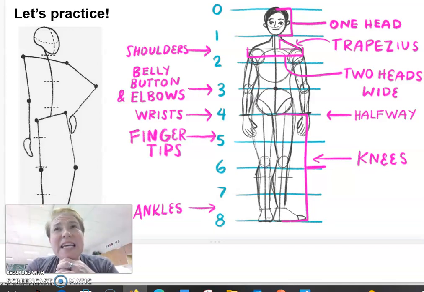And then how could I relate proportion to something in the real world? At this point, I want you to stop this video and send me a Canvas message answering those two questions. Here's how I define proportion, and here's an example of how we might use proportion in the real world.